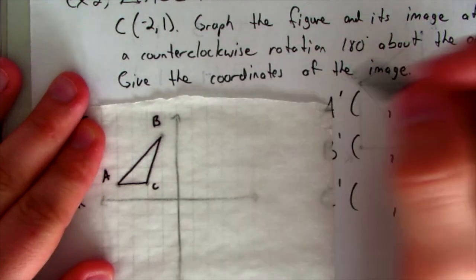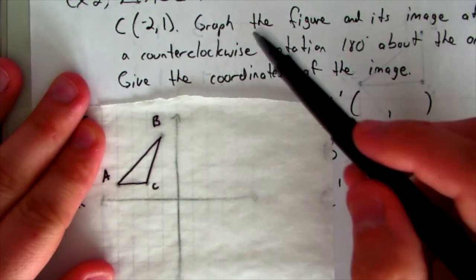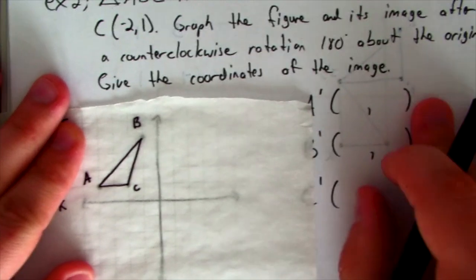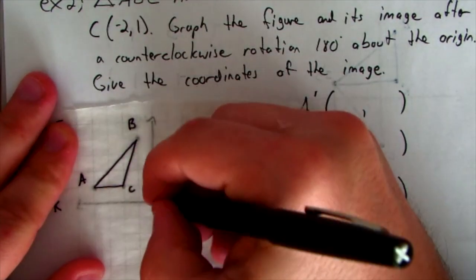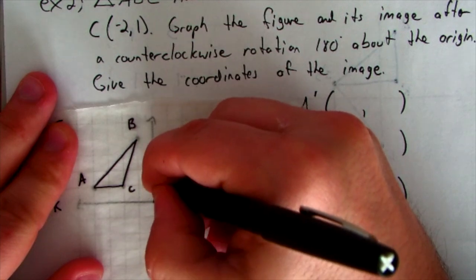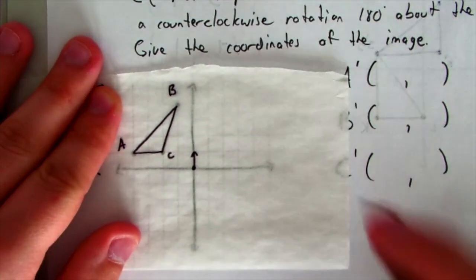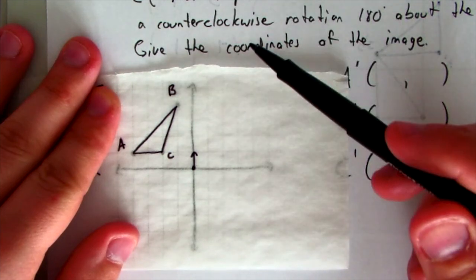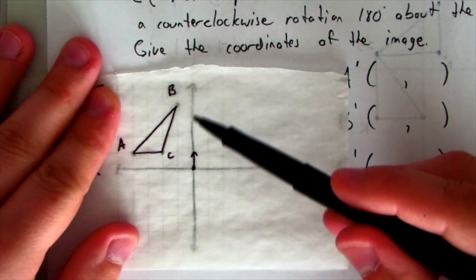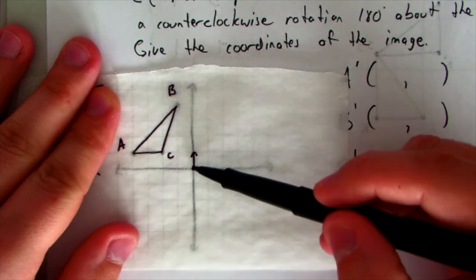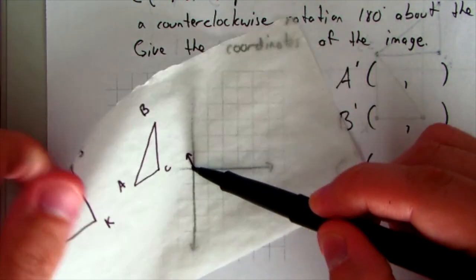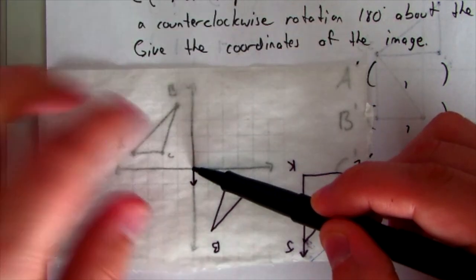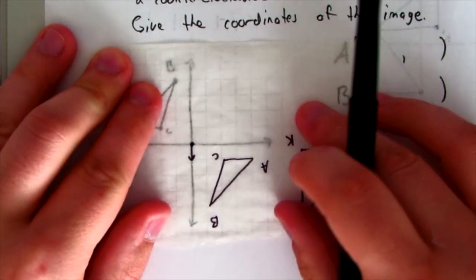Now it says to graph the figure and its image after a clockwise rotation of 180 degrees about the origin, which means that my rotation point is going to be the origin, so that's where I'm going to draw my arrow. 180 degrees means instead of the arrow pointing up, it's going to be pointing down. So I'm going to turn my paper until my arrow is pointing down. So my new triangle would look like this.